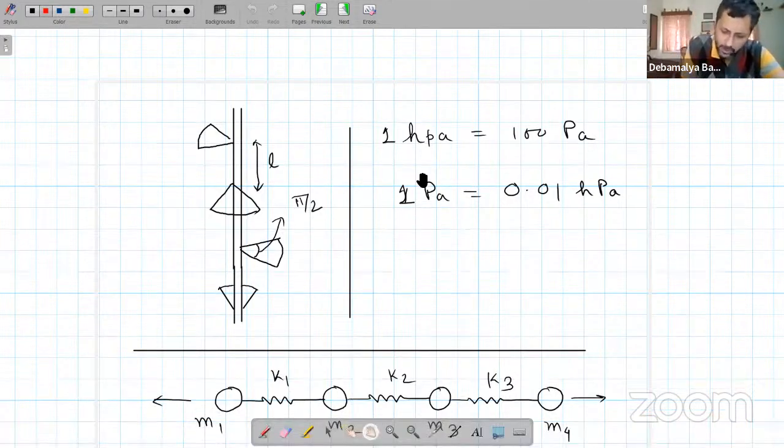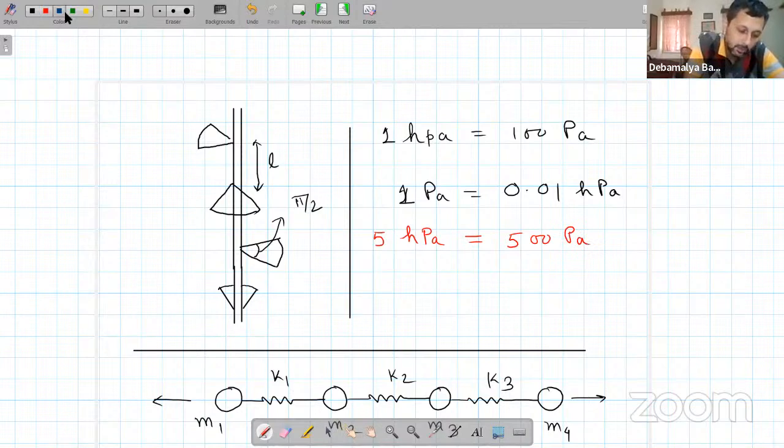We have 1 hectopascal is equal to 100 Pascal. So if I have a pressure of 5 hectopascal, I'll give you some examples if that helps. 5 hectopascal will be 500 Pascal. And if I give you a value of 2000 Pascal, what will that be?